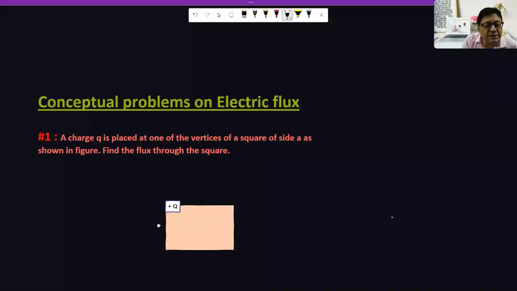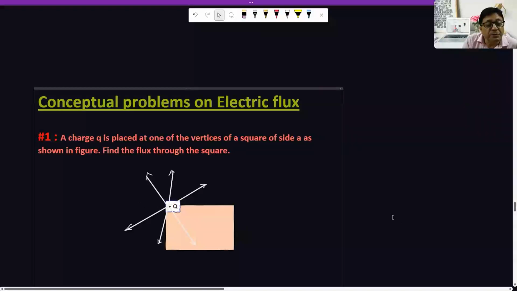lines due to this charge, if you go for symmetry, are radially outward for a point charge, and the number of lines depends on what? This factor I already explained to you before in the calculation of electric field strength, that field strength depends on the number of flux lines, and the number of lines coming out from a charge depends on the magnitude of the charge.